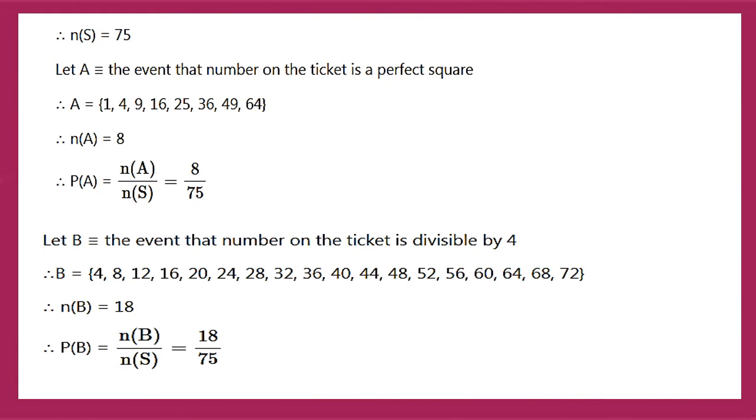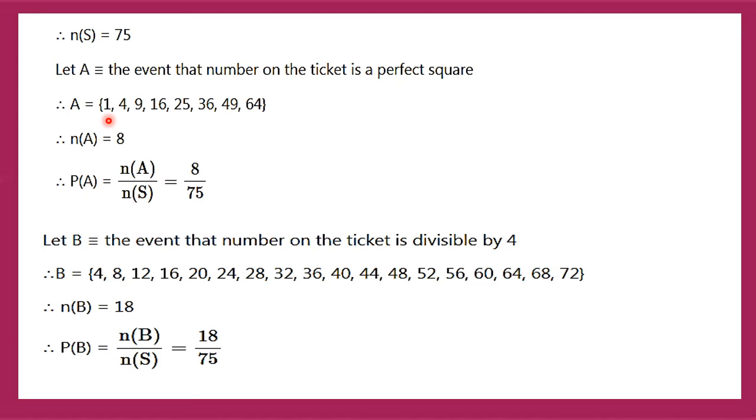After getting the number of elements in the sample space, we have to select the favorable event and the number of elements of it. Let us select the event A as the event that the number on the ticket is a perfect square. So we can write the event as the set of elements 1, 4, 9, 16, 25, 36, 49, 64.